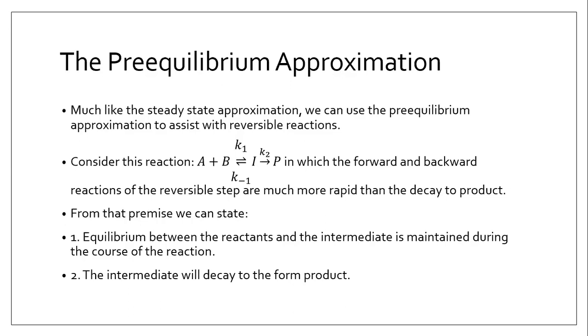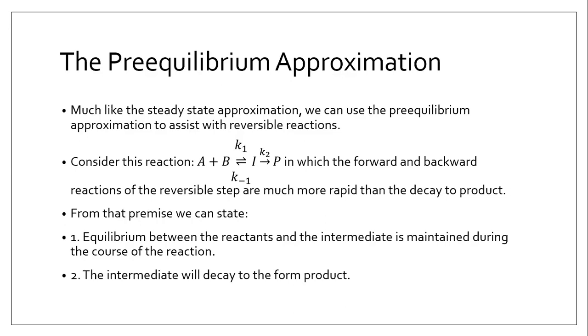The steady state assumes k2 is very fast. Now we're assuming k1 and k-1 are very fast. So with that premise, we can state that equilibrium between the reactants and the intermediate is maintained during the course of this reaction.